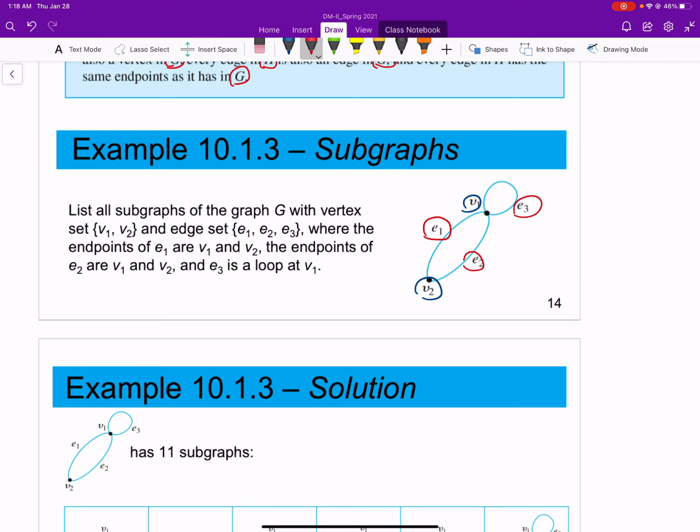Endpoints of e1 are v1 and v2, and endpoints of e2 are v1 and v2 again, and e3 is a loop at v1. Okay, so this explains the ends of each edge. There are 3 edges, so each edge should have 2 ends. All right.